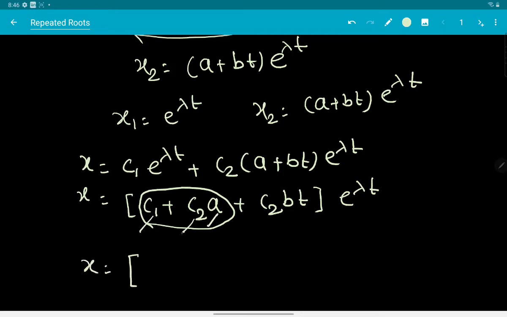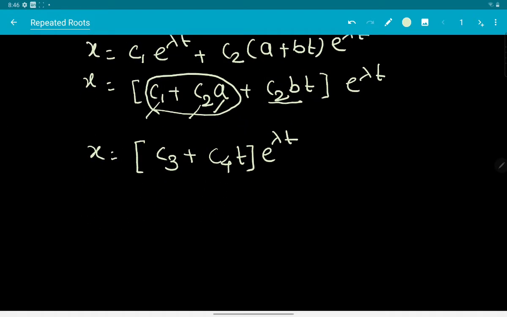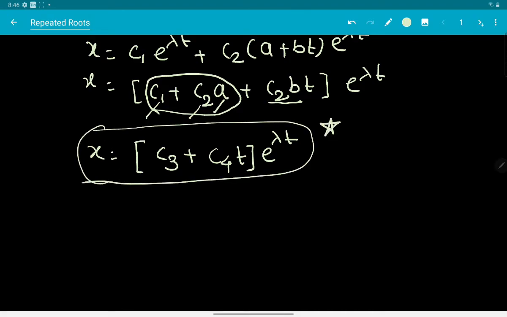So I can write these two terms as another constant c3, plus the multiplication of these two constants, I'll write as another constant c4 times t e raised to lambda t. Okay, so I am left with such an expression for the general solution. This is the general solution for case number 3.